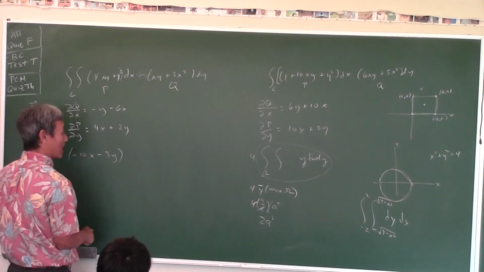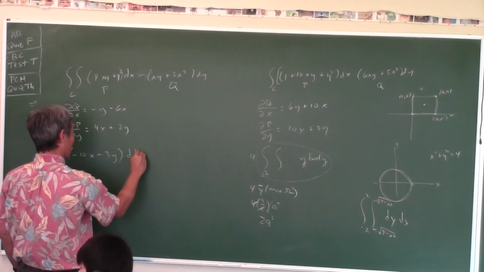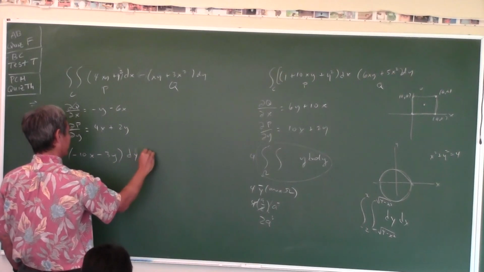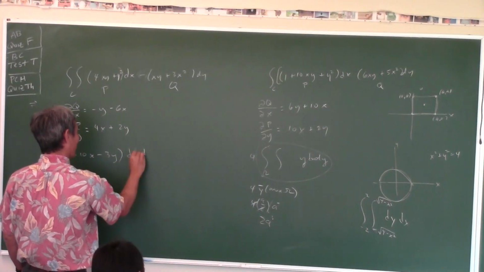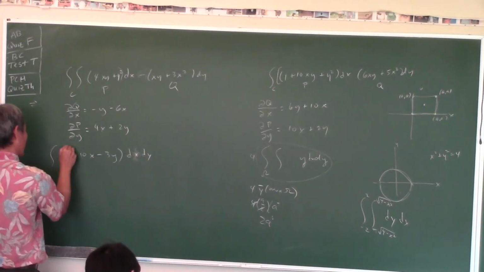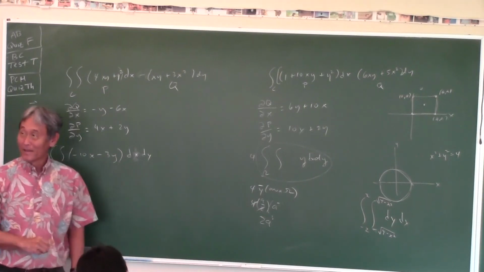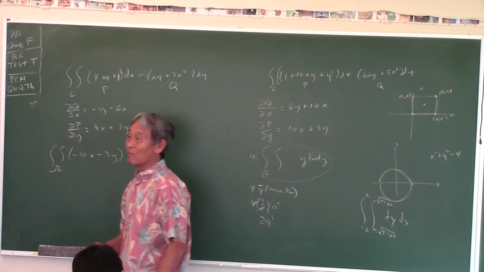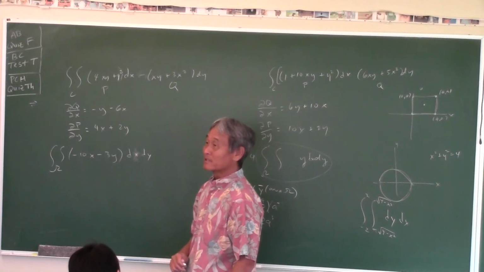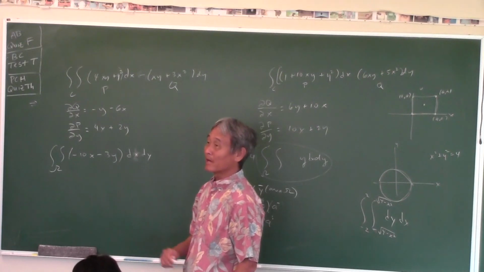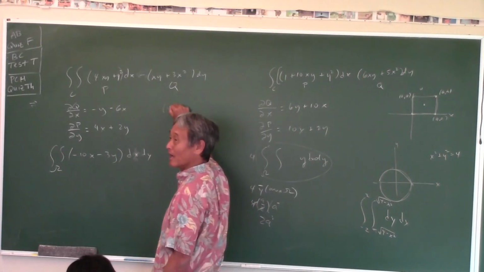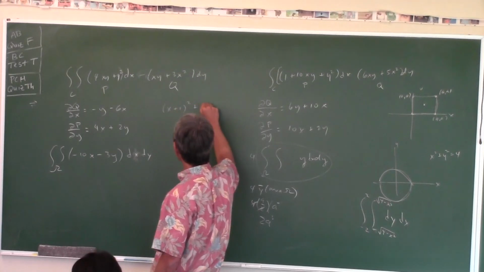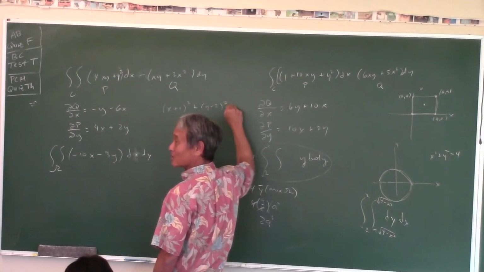And then all you have to do now is integrate this over omega. Why am I putting the y first, fool? Integrate this over omega, where omega is, I'm trying to read the problem. Oh, here, it's the circle (x plus 1) squared plus (y minus 2) squared equals 9.